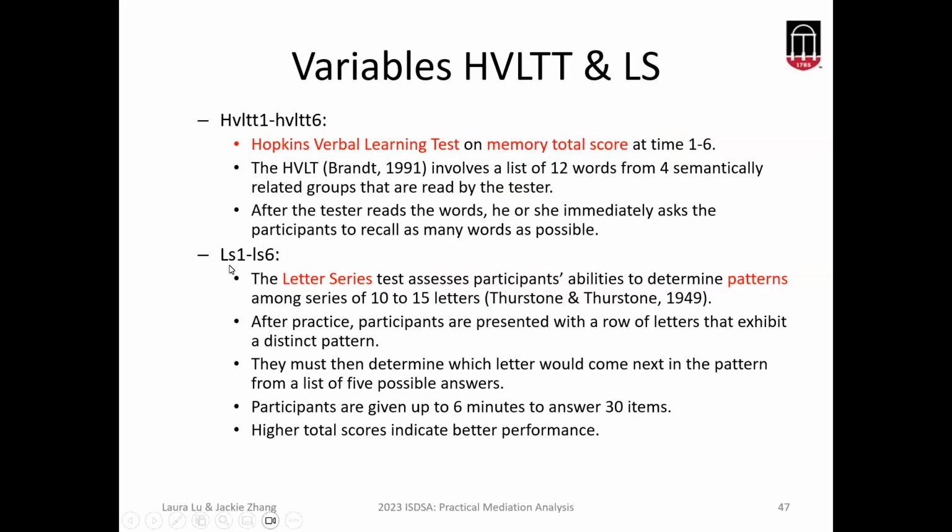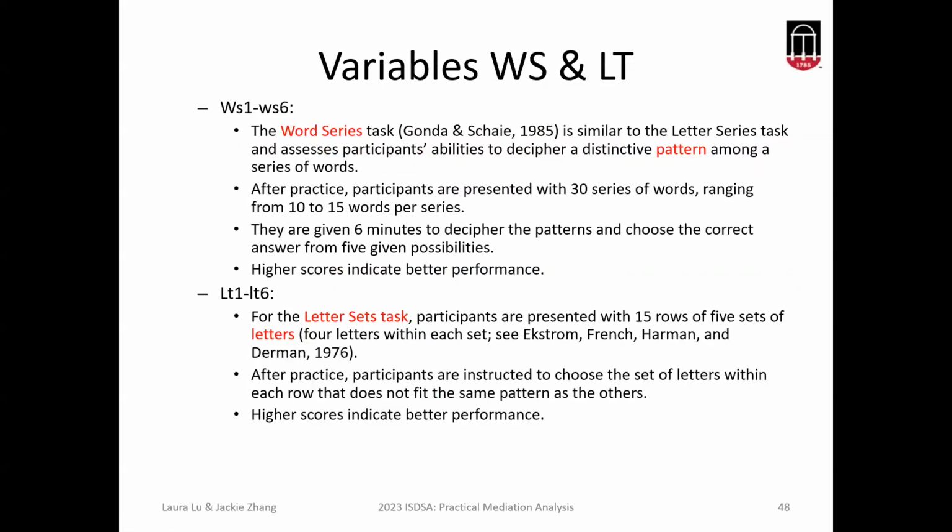And we also have LS from 1 to 6. LS is short for letter series. We also have 6 waves of data. And we have WS1 to WS6, word series, and LT1 to LT6. These are for the letter set task.